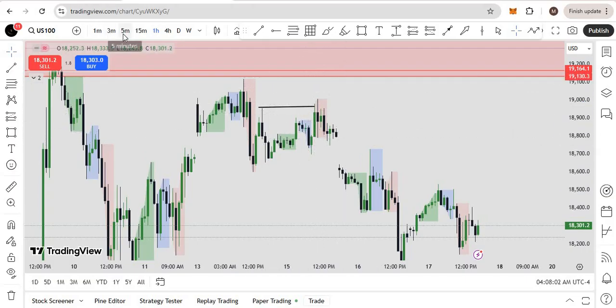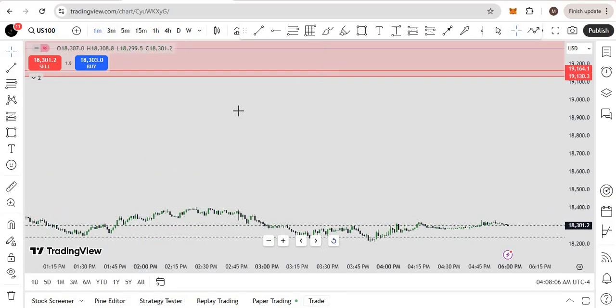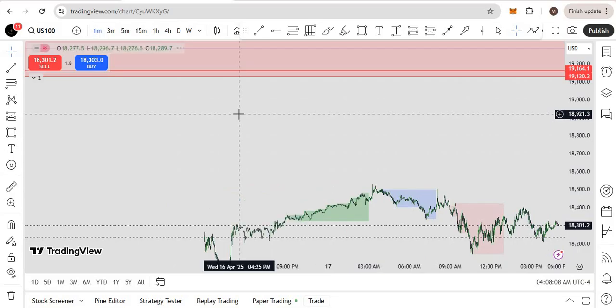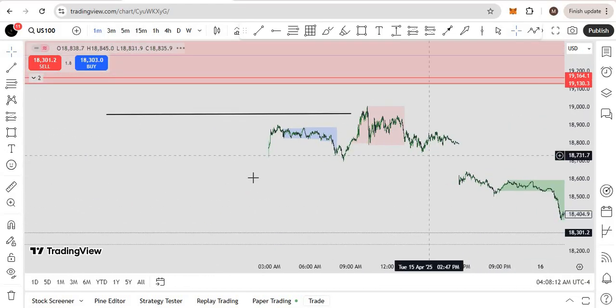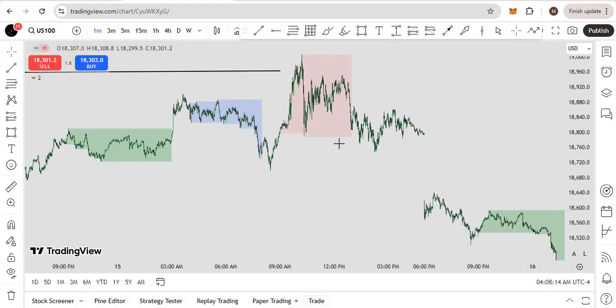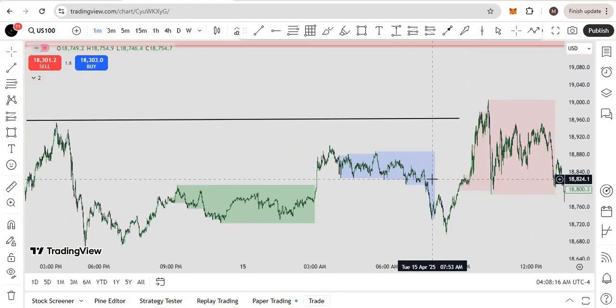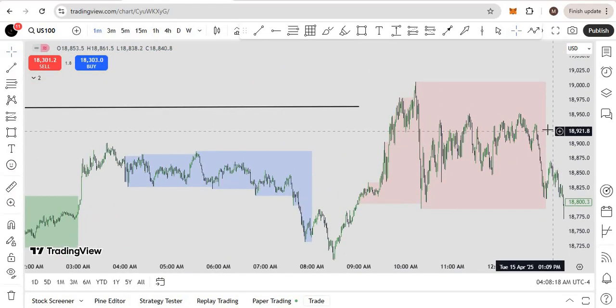So let's go to 5 minute or 1 minute. Let me show you here in 1 minute, because in 5 minutes it's only 2 candles on the 15th April. So you will say, what did you do, sir, why did you not explain clearly?